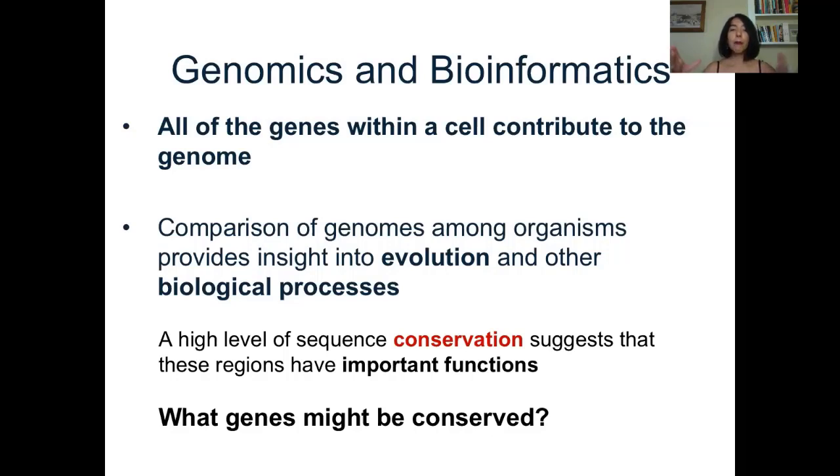Now, we can compare different regions of the genome, and some of these regions are going to be very conserved. Now, think about this. What genes do you think will be conserved? I'll give you a hint. Think about processes that are shared among all of the individuals, among all of the species. So you can think about replication, DNA polymerase.